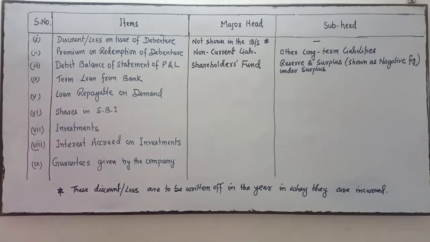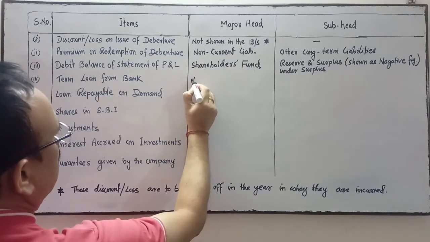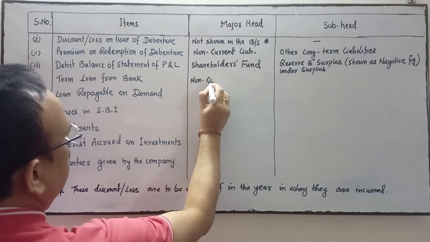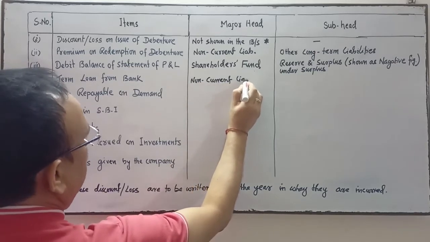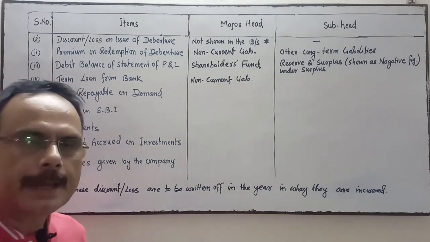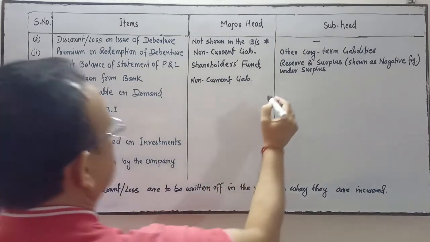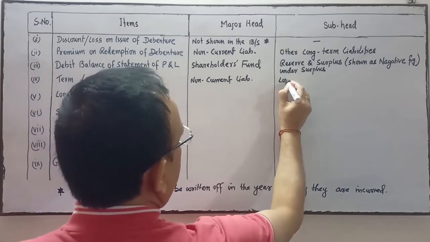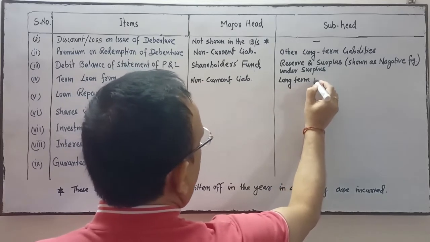Next is term loan from bank. Term loan from bank comes under the non-current liability, and the subheading is long-term borrowings.